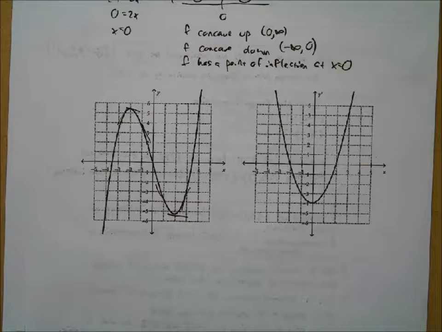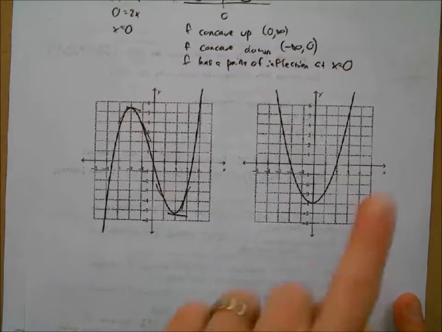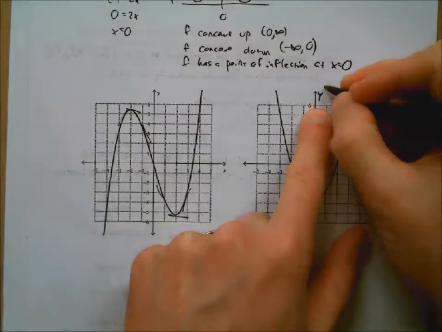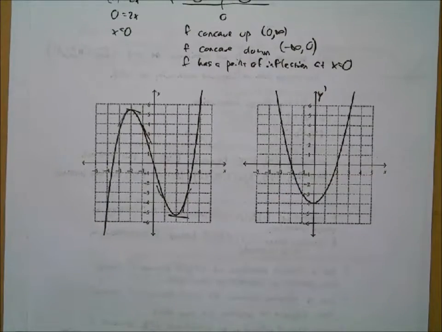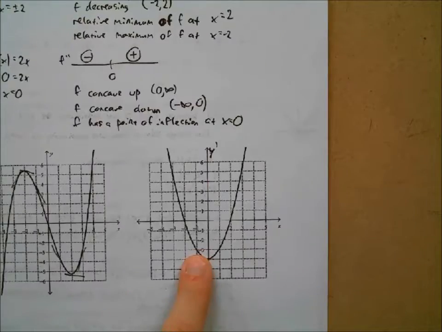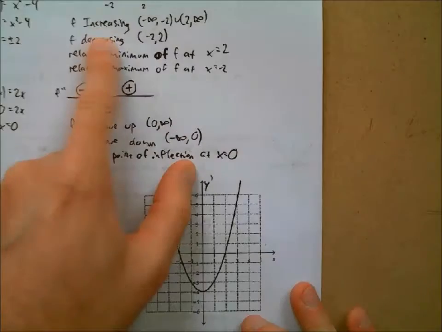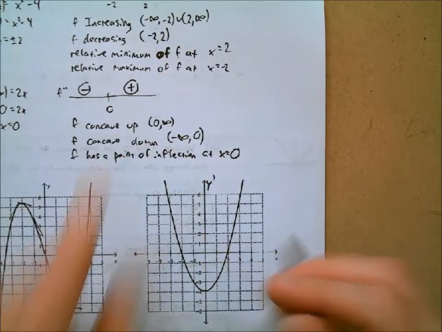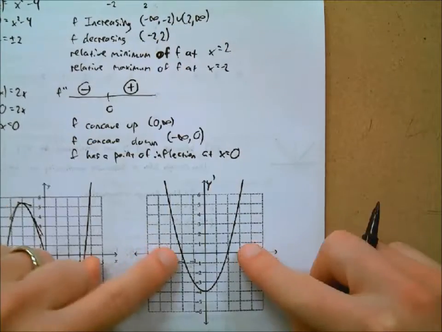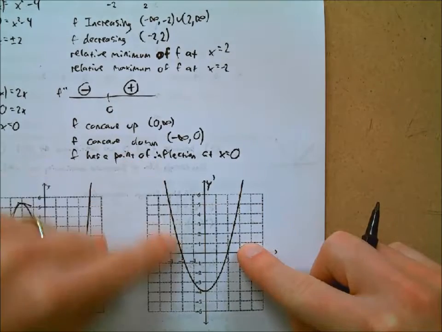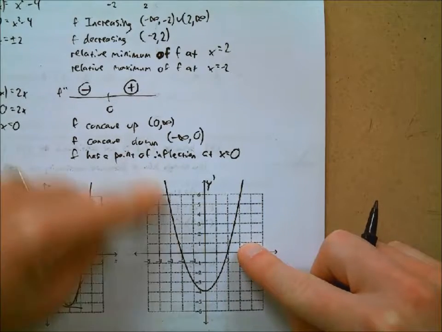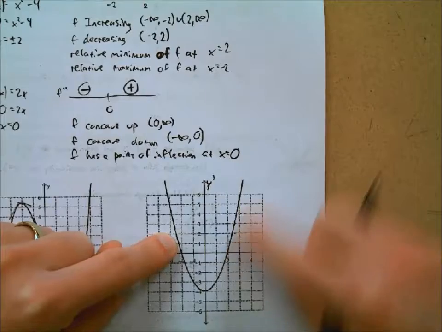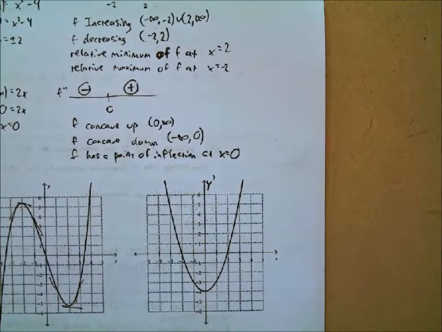Okay, but let's see how these things also show up in our first derivative, right? This is y prime. We also want to be comfortable seeing these things showing up in y prime. So where f is increasing, we know our first derivative is positive. So negative infinity to negative 2, and 2 to infinity, there it is, right? Our first derivative is positive here and here, indicating the function will be increasing.